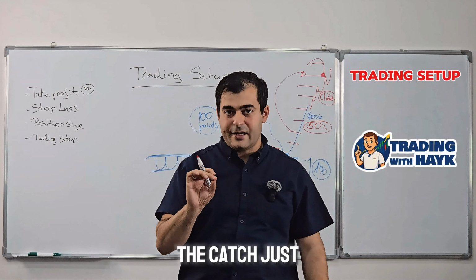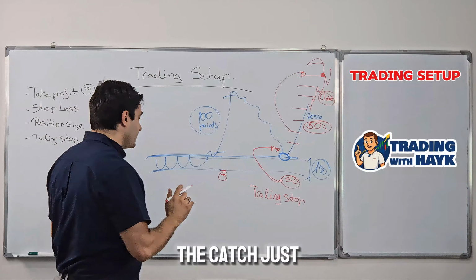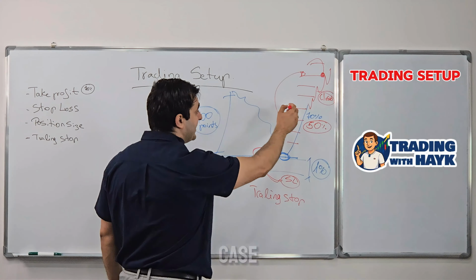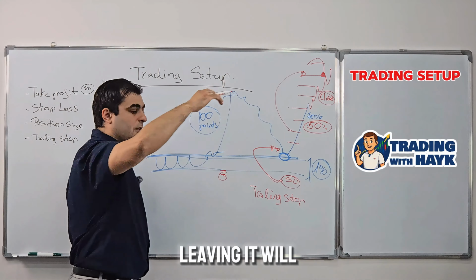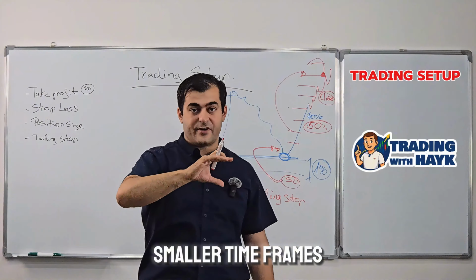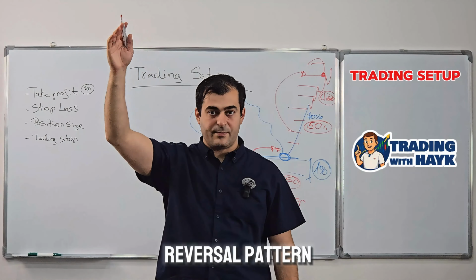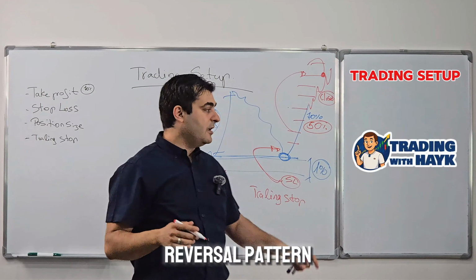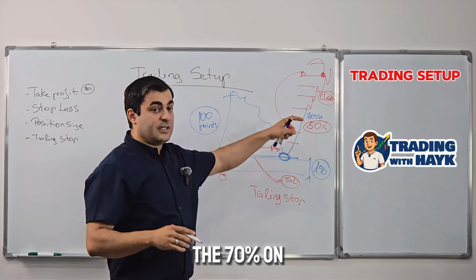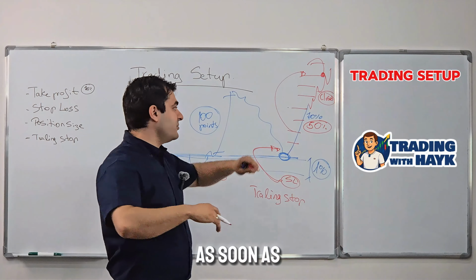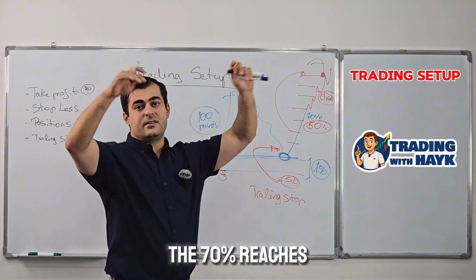But here is the catch. Just think that in this case, leaving it to run will be on the smaller time frames, which is the continuation pattern, not the reversal pattern. Because with the reversal pattern, as soon as the 70% on the bigger time frames is reached, I'm out.